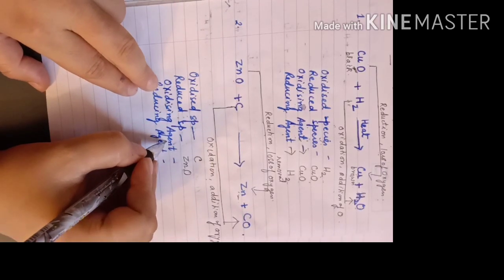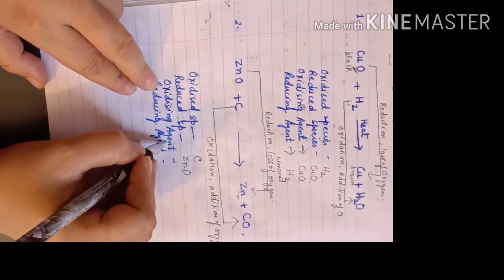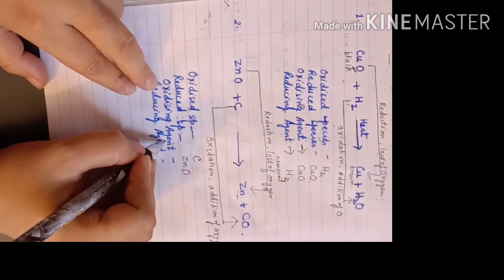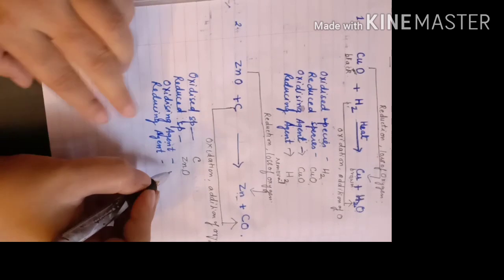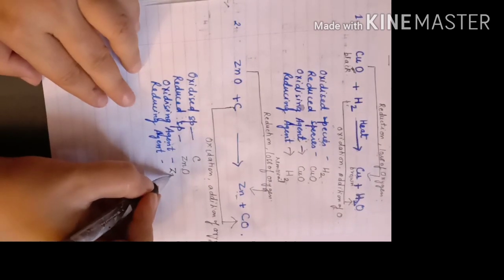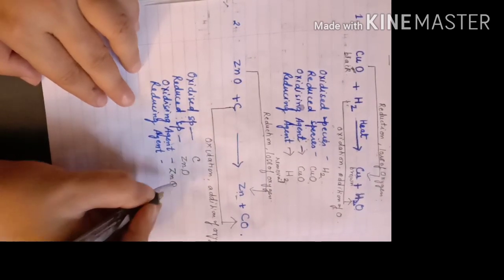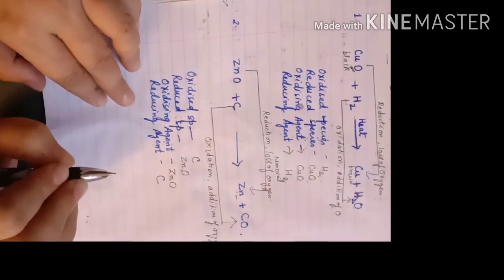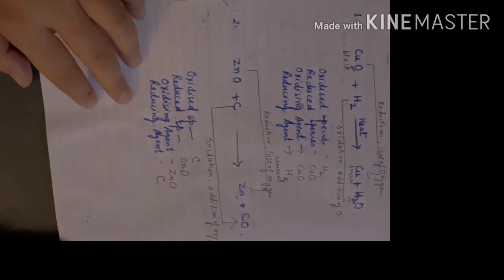The oxidizing agent, as I told you earlier, is the species which itself gets reduced, so it is zinc oxide, and the reducing agent is the one which itself gets oxidized, carbon.